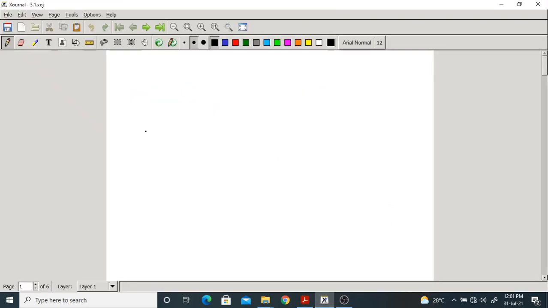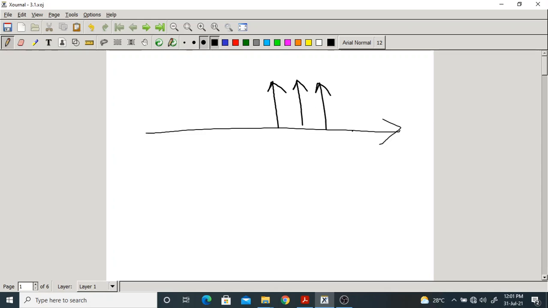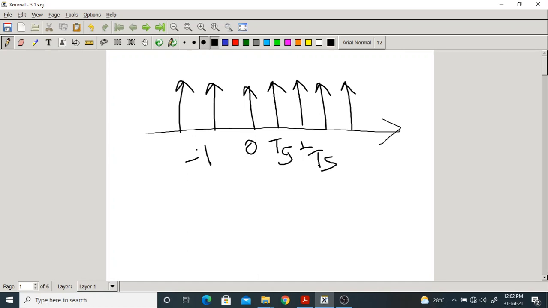If you take a line, this is a train of impulses. This is 0, this is Ts, this is 2Ts, and this is minus Ts, this is minus 2Ts, and so on.